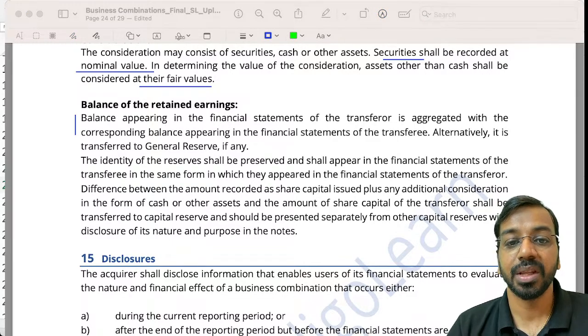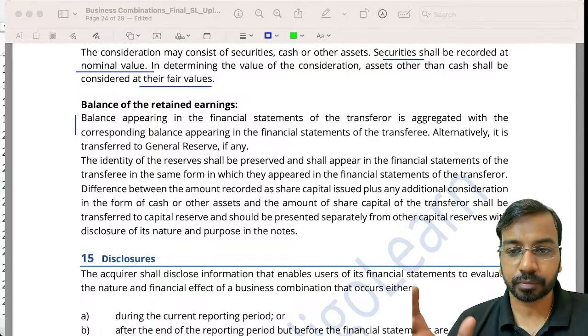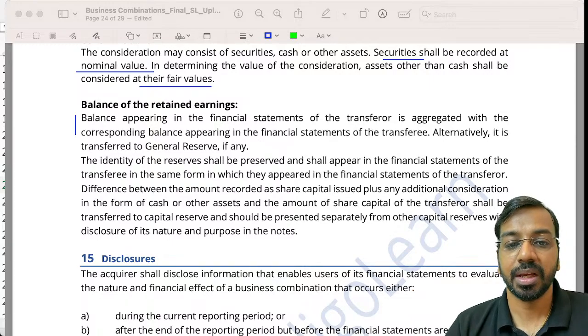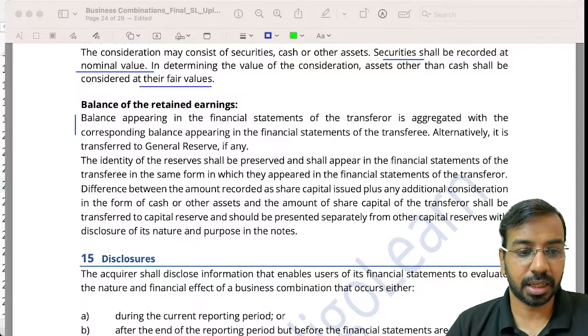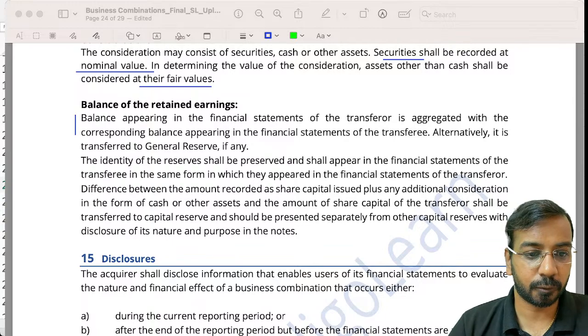Now, what we'll do is we'll take up a question from the study material, AX BX, a very important question again, which you need to understand. So let me just add the screen. I'll share the screen and we can move ahead with that.